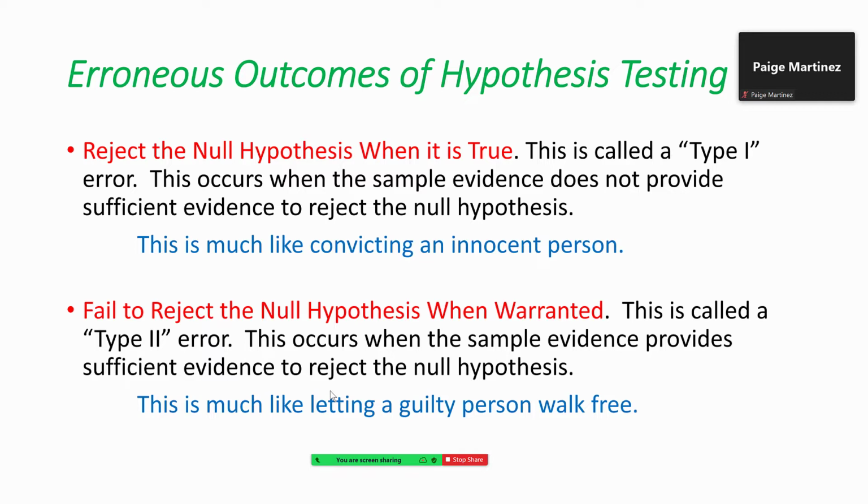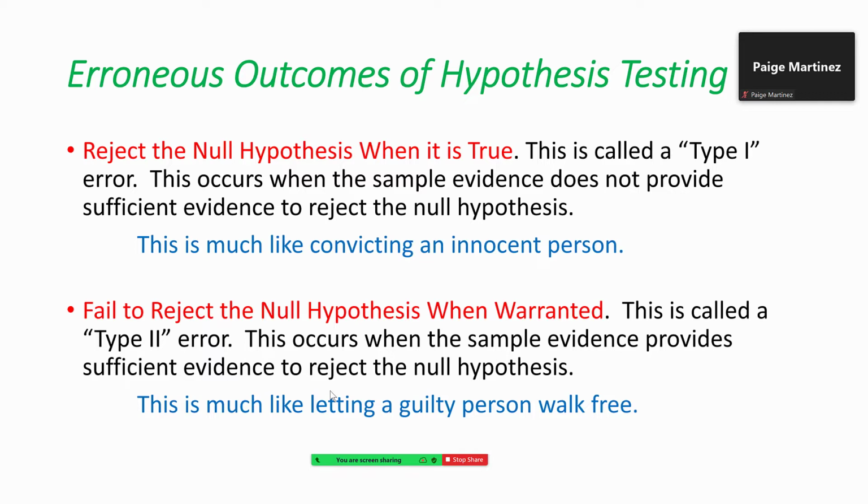The other error that you could make is failing to reject the null hypothesis when you should have. It's called a type 2 error, and I'm not going to mention type 1 or type 2 again. Just if you see them in the book or questions, this is what they're talking about.